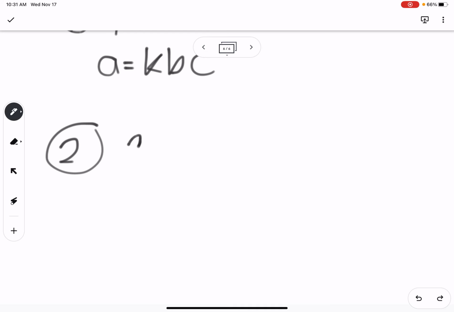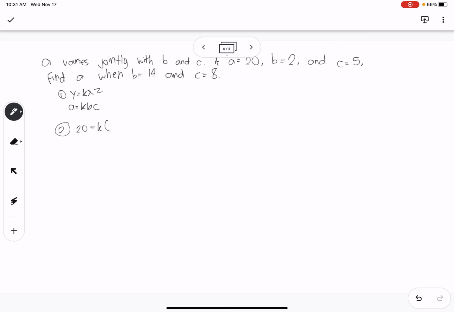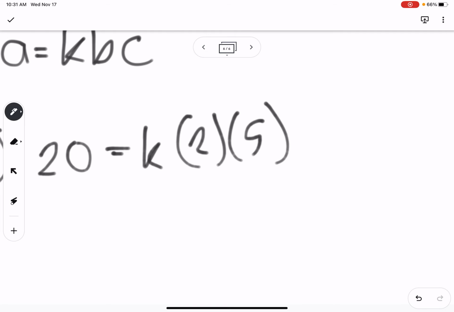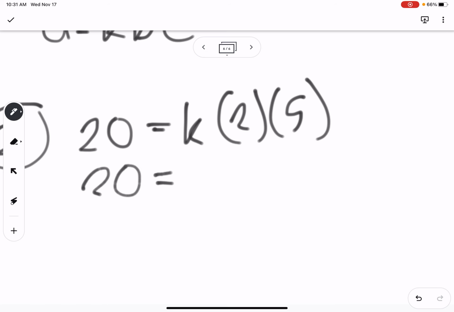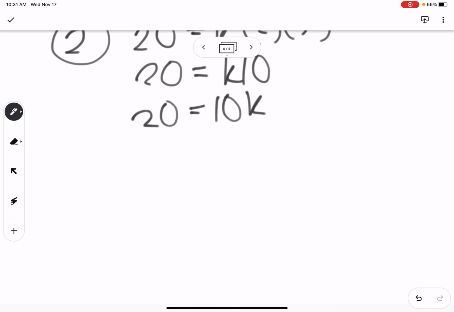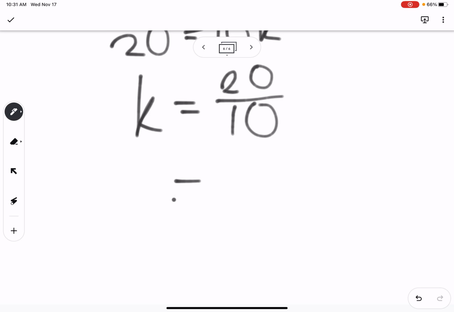We have 20 equals k times 2 times 5. 2 times 5 is equal to 10. We basically multiply this, so we'll be having 10k. We're going to be finding the value of k, so basically we're going to be dividing. 20 divided by 10 is 2.